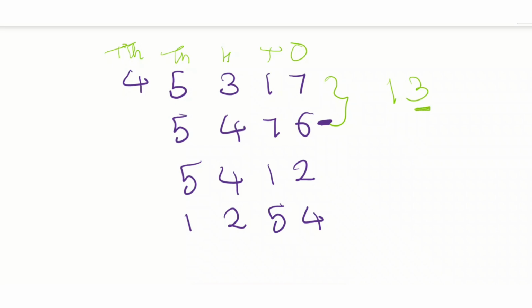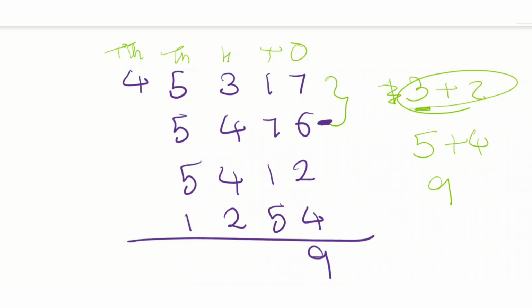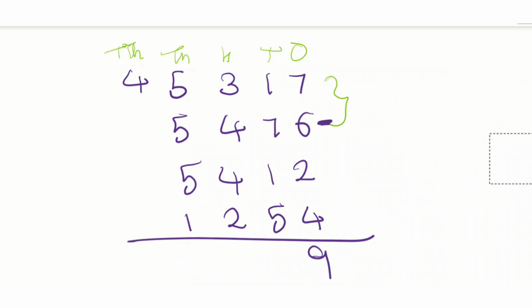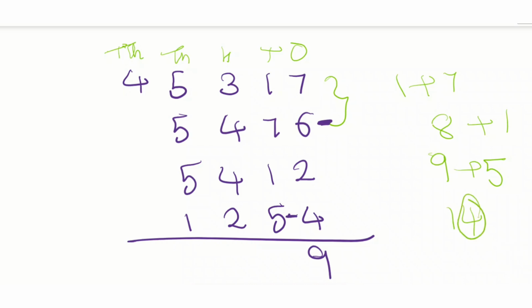we're taking the ones place, 3 plus 2, 5, plus 4, 9. That is what we'll write down over here, 9. Going on to the tens place, we have 1 plus 7, that is 8, plus 1, 8 plus 1 gives us 9, 9 plus 5 is going to give you 14. 14 is greater, so we're going to put a dash over here. 14, we have 4 over here.